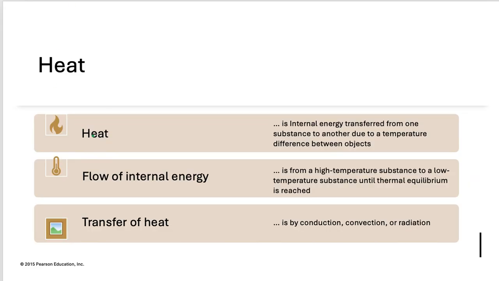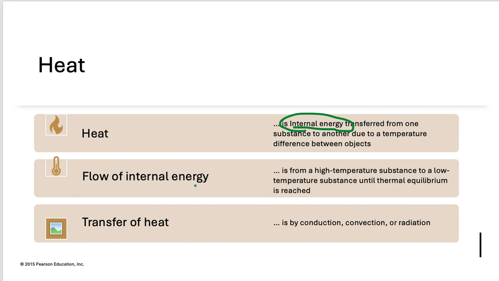Heat is an internal energy transferred from one substance to another due to a temperature difference between objects. If two objects have the exact same temperature, then there will be no transfer of heat. Remember, heat is internal energy that is being transferred when you have two objects of different temperatures.